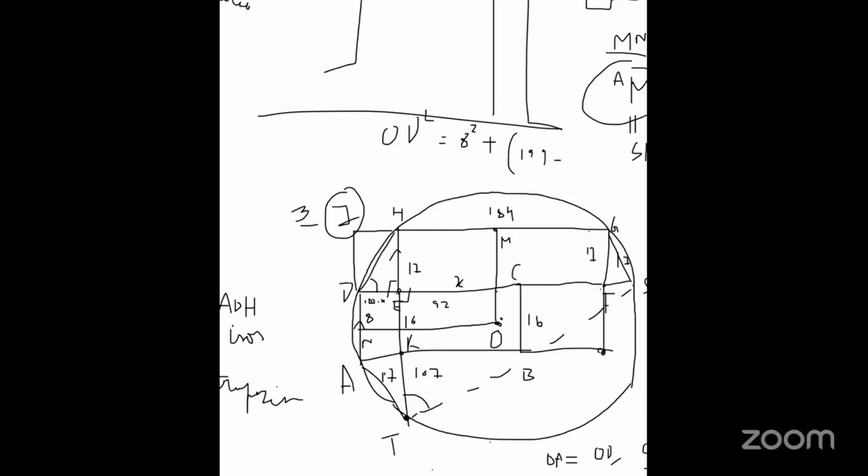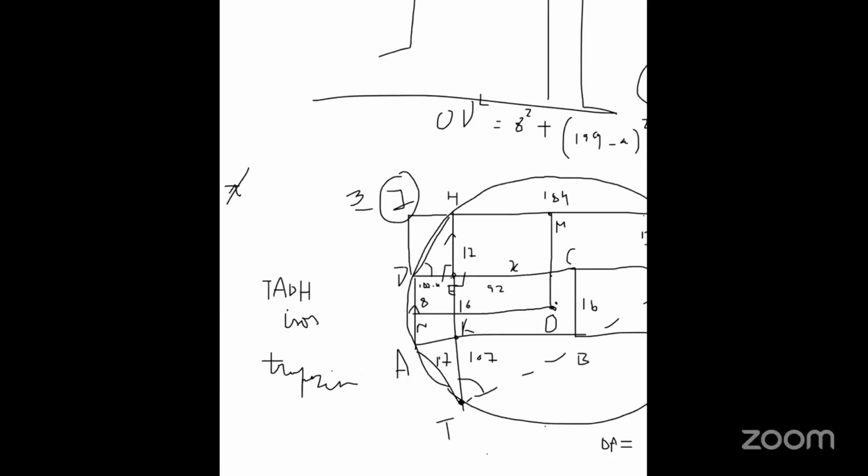And we can also check that we are not doing anything insane, because this is like 95. Sorry, x is 104, so this is 95 over here. So you're doing 8 squared plus 95 squared, and then OH squared we can similarly compute.